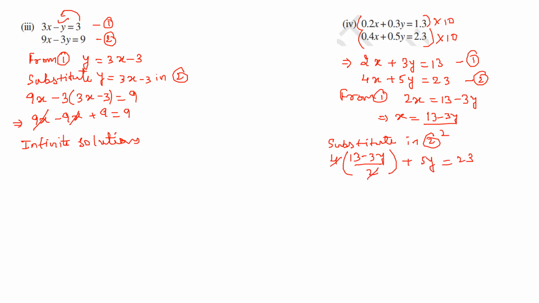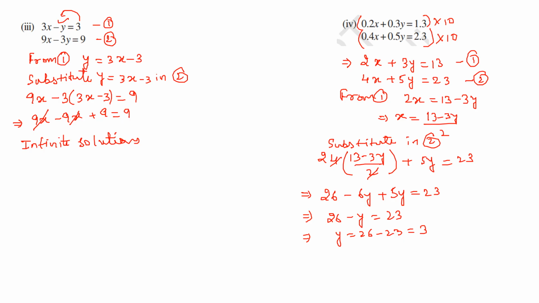2 2s are 4, you can simplify. Now 2 into 13 is 26 minus 6y plus 5y equal to 23. And 26 minus y equal to 23. So y will be 26 minus 23, which is 3.